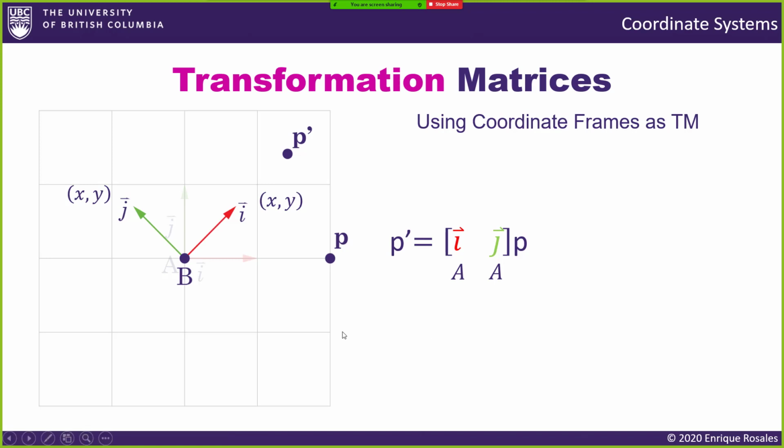If we create that matrix and multiply it times the point P, what we obtain is this point here. It makes sense. The original coordinates of point P with respect to A were 2, 0, because you need to go 2 times the I coordinate.